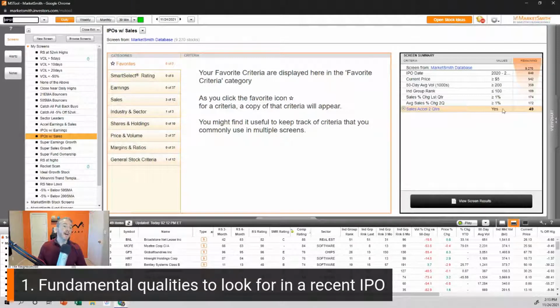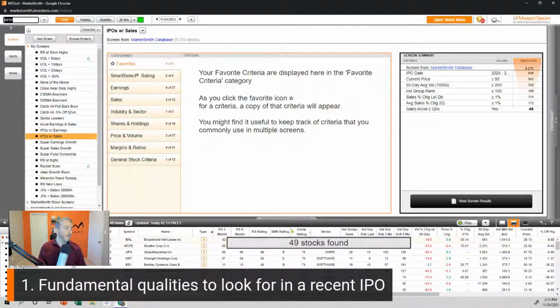And then to narrow it down further, because that's still 172 stocks, which is still a lot to take a look at, are sales accelerating for the last 2 quarters? Even if the prior quarter, that third quarter going back, is negative, to start to see progress over time is very helpful too. And that narrows the field down. Now we've got a nice tight list of 49 stocks.